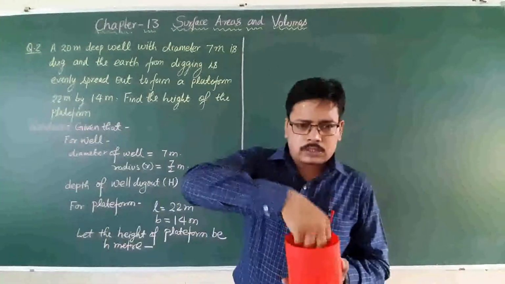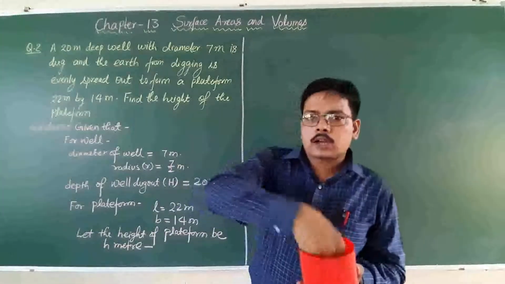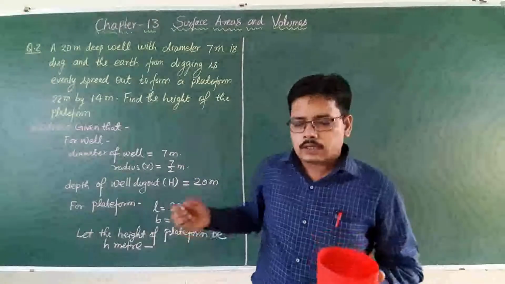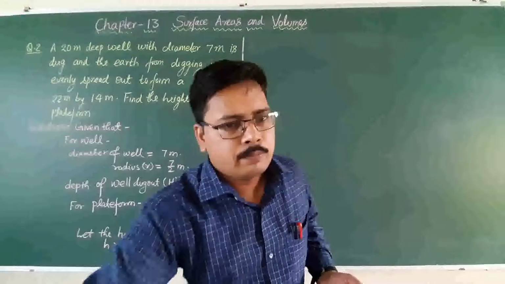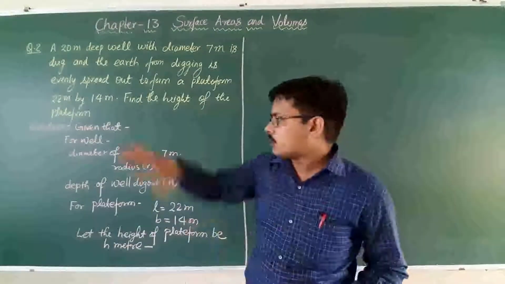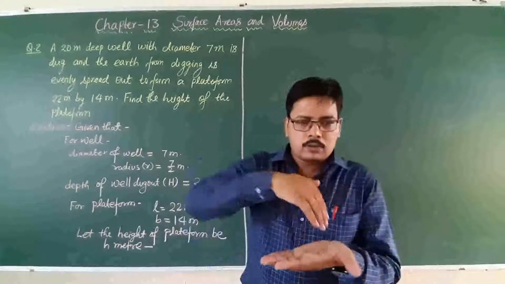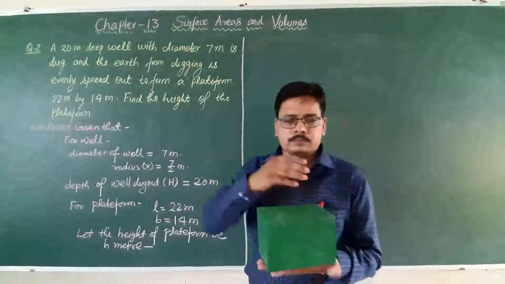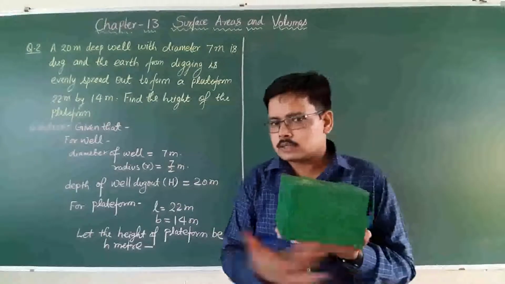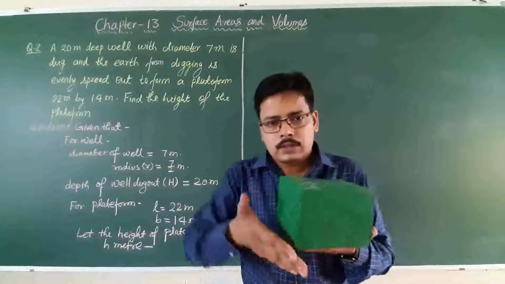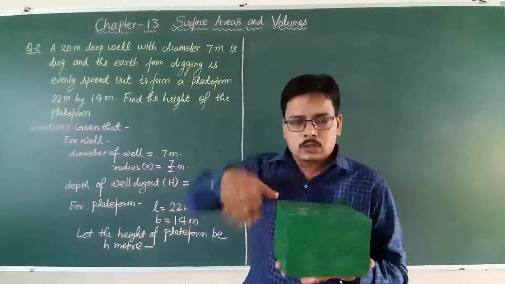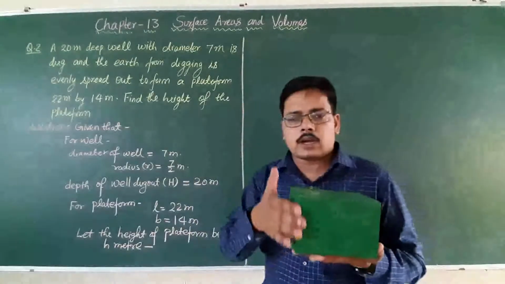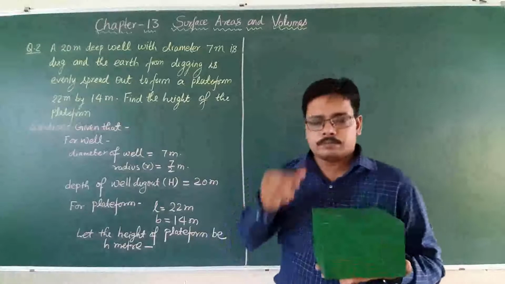The earth dug out from this well is evenly spread out on a plane with a rectangular base, and a platform forms whose base dimension is 22 meter length and 14 meter breadth. When spread, it reaches some height, and the question asks us to find the height of this platform.